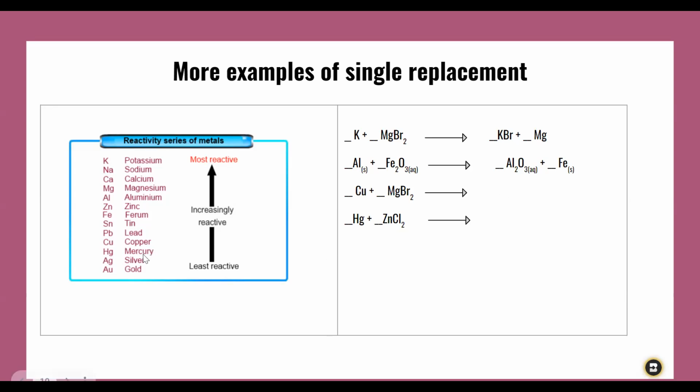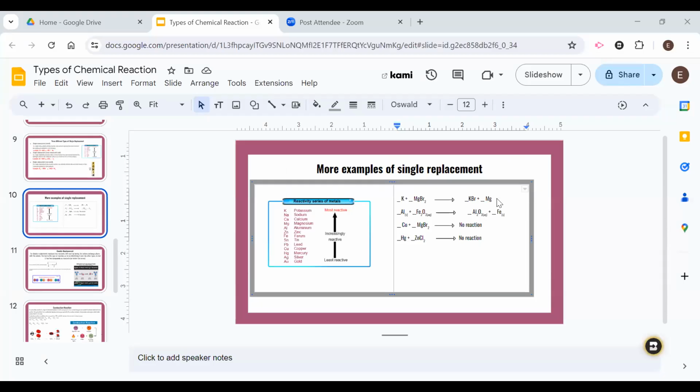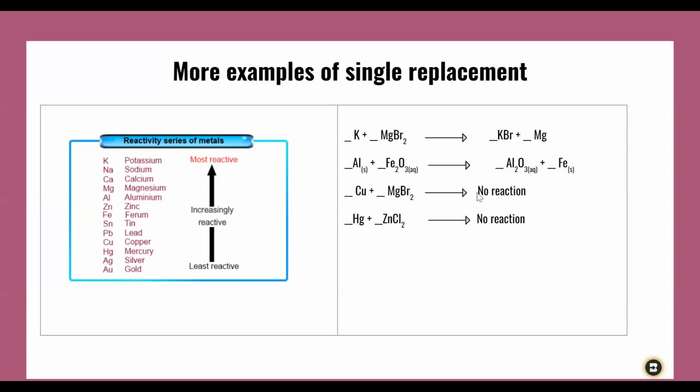And then you have mercury, it cannot kick zinc out. Also no reaction. So no reaction here, no reaction here. We can't have a product if there's no reactant. So you try to balance these 2 equations. This one, you can't because there's no product, no reaction happened.